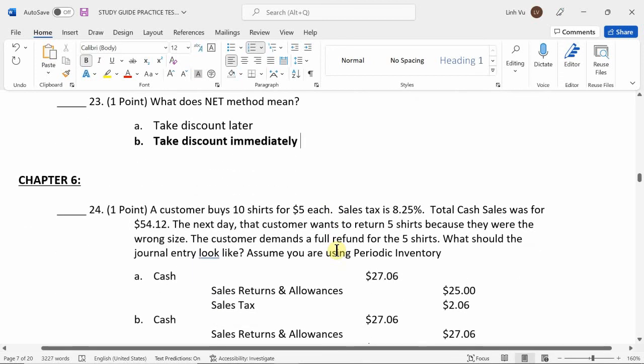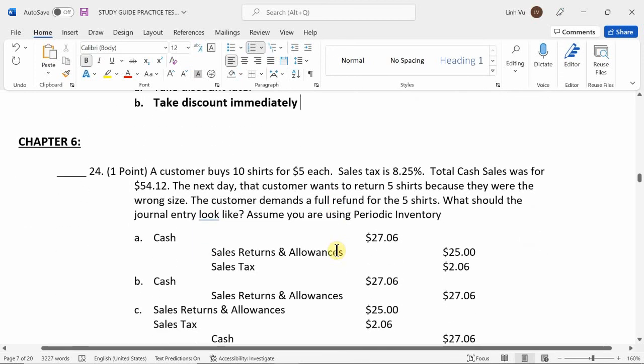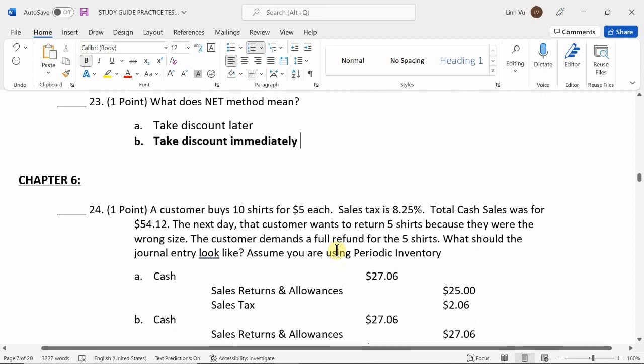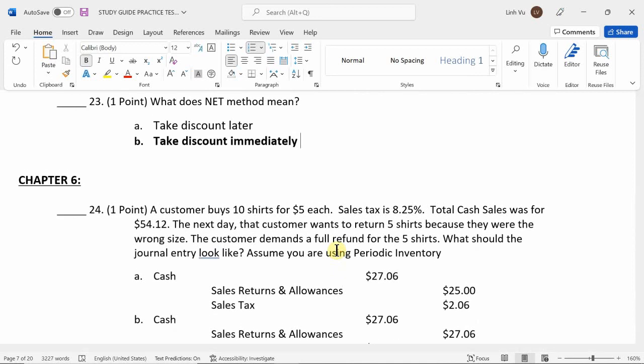Okay? All right, moving on to chapter 6. If a customer buys 10 shirts for $5 each and sales tax is 8.25%, total cash sales was a total of $54.12. If the next day the customer wants to return 5 shirts because they were the wrong size, then the customer demands a full refund for the 5 shirts.